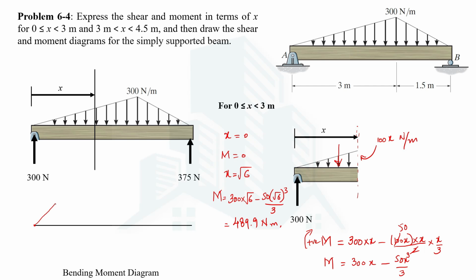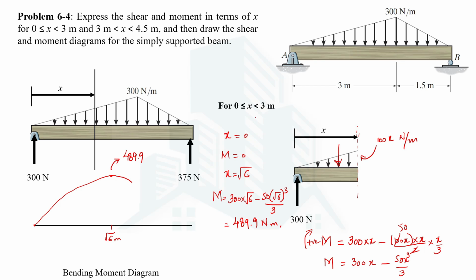So the bending moment is increasing up to a point where it reaches, let's say, not the x distance but root 6. So this is root 6 meters. At this point we have a maximum bending moment, which is 489.9 Newton meter.